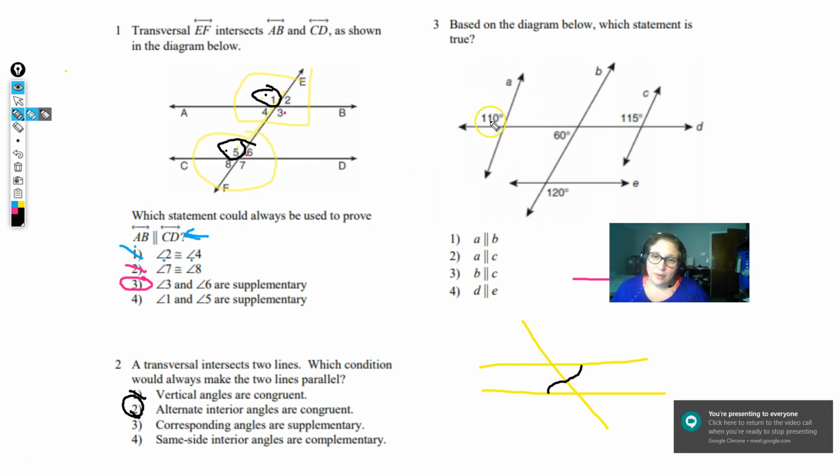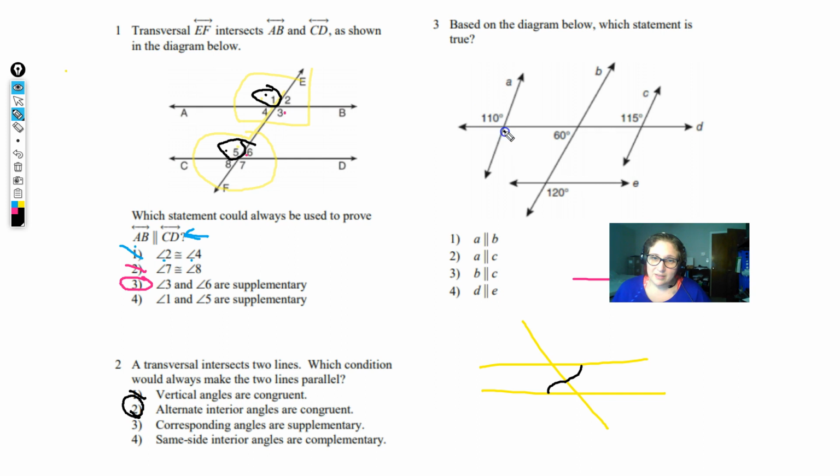Well, let's just go ahead and mark a couple things. We know this has to be 110. So that means this has to be 180 minus 110, which is 70. All I'm doing right now is looking at linear pairs. Here's 60. This is a vertical angle, so this has to be 60. This has to be 120, and this has to be 120, because 60 plus 120 equals 180, and we know a straight line is 180 degrees.